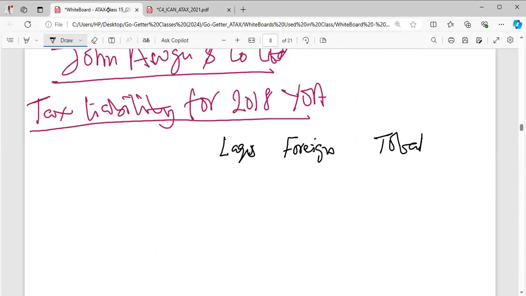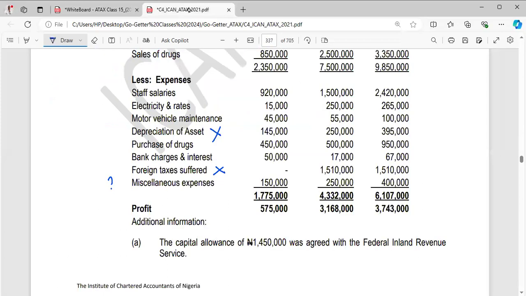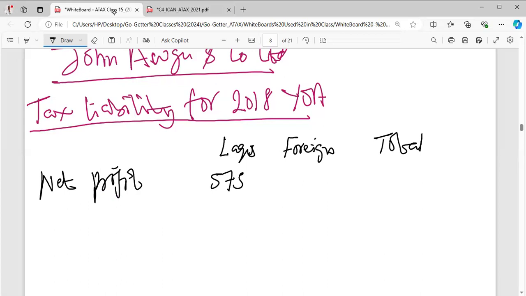So we say net profit. We have 575. Of course, for this total, I'll put a bracket Nigeria because the worldwide income belongs to Nigeria.